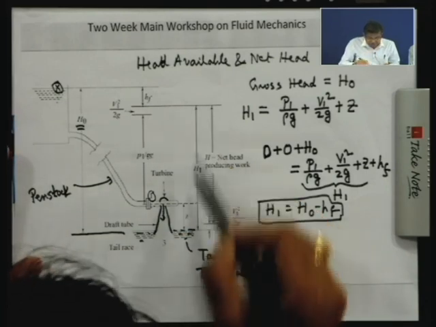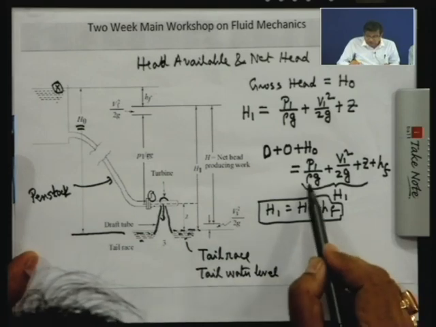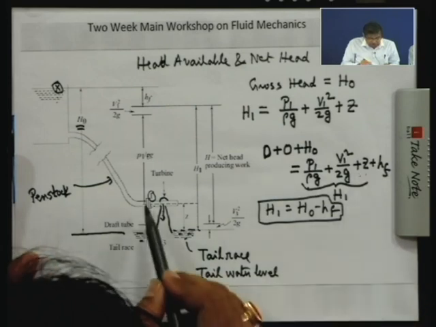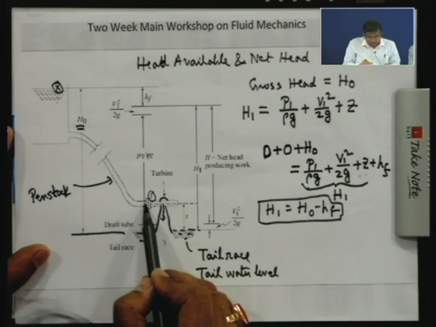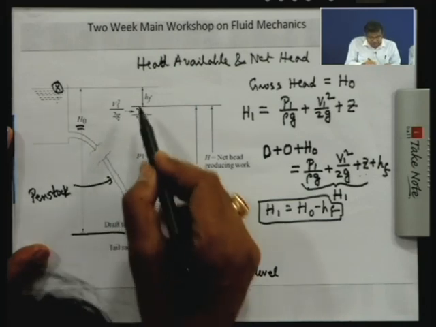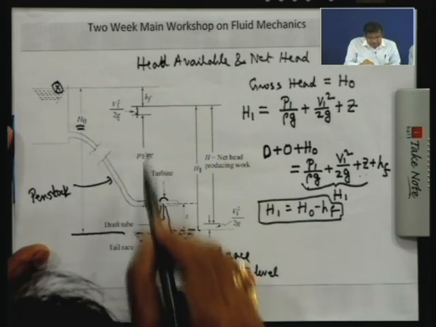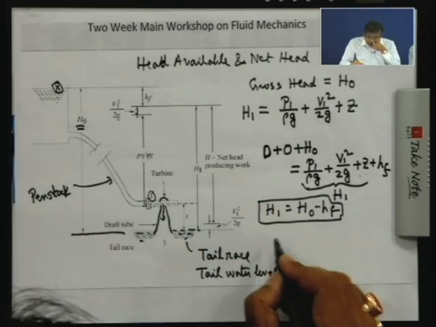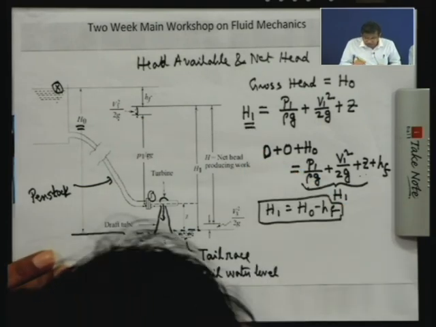This is the head here, and this head corresponds to pressure, velocity and the potential head. In scale, this is the pressure head, and velocity is less because the penstock is of large diameter, so the velocity head is less, while the pressure head is large. The potential head plus pressure head plus the velocity head, the total head, is shown here as H1. So, therefore, H1 is the head available at inlet to the turbine.